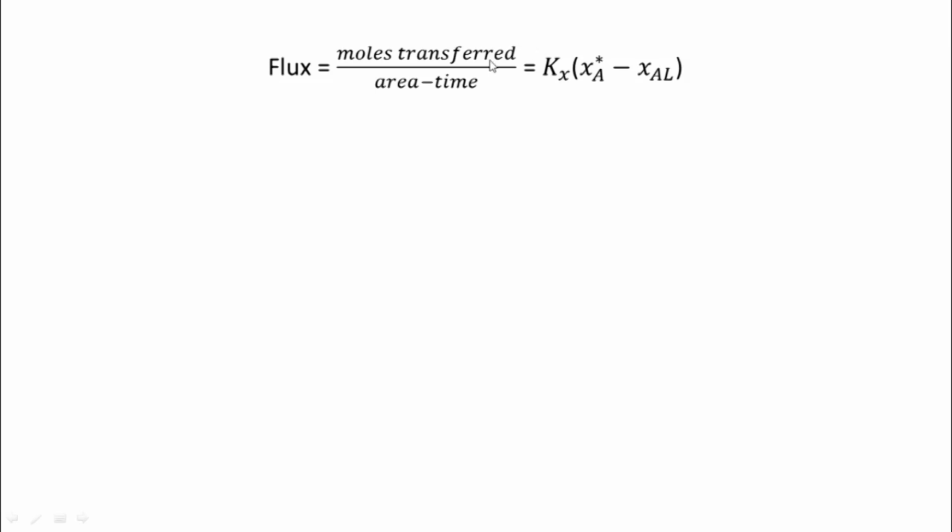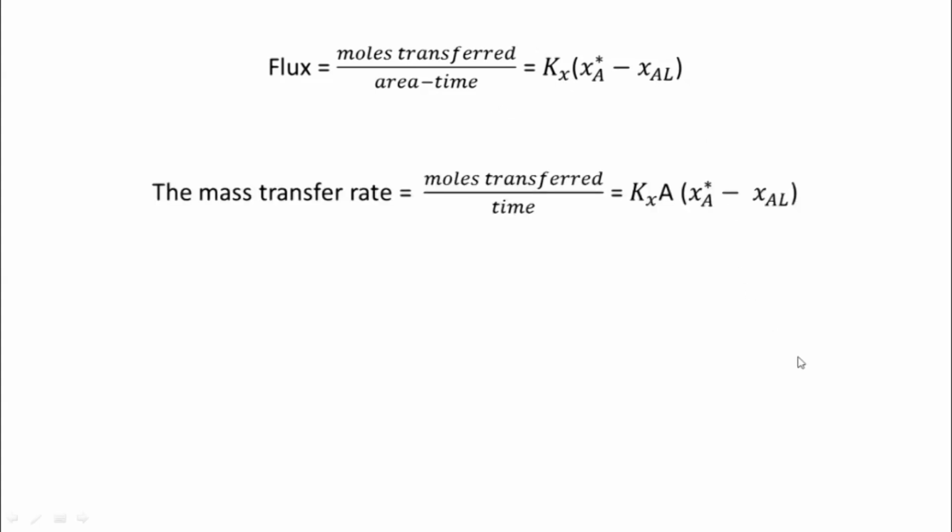And fluxes, as we saw, moles transferred, amount transferred, in this case moles transferred per area per time, so that is Kx into Xa star minus Xl. The mass transfer rate is moles transferred per time. Therefore, we need to multiply this by the interfacial area, because it is the area that is perpendicular to the direction of the flux.